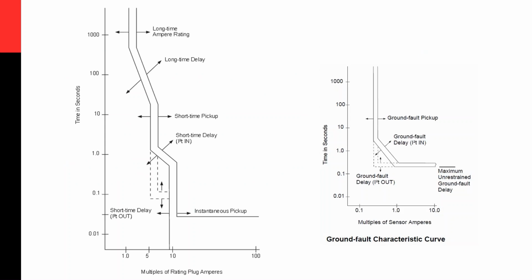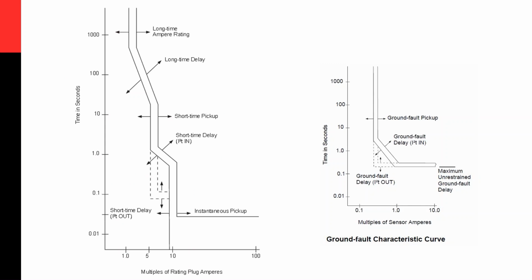Now when we're saying curves, this is a typical curve for a low voltage circuit breaker. It explains all the different things. Specifically for an airframe circuit breaker; a molded case circuit breaker typically does not have a short time and typically does not have a ground fault.